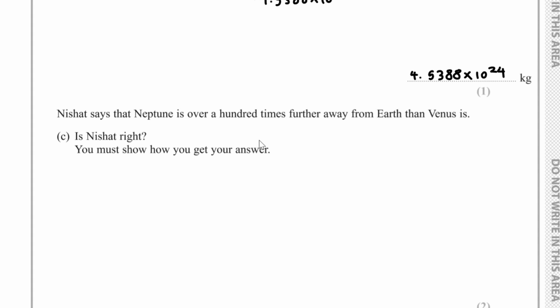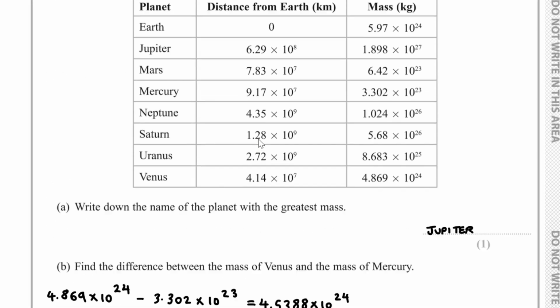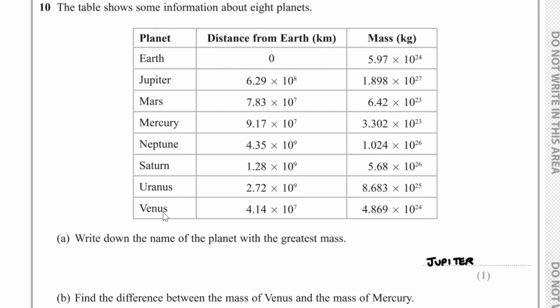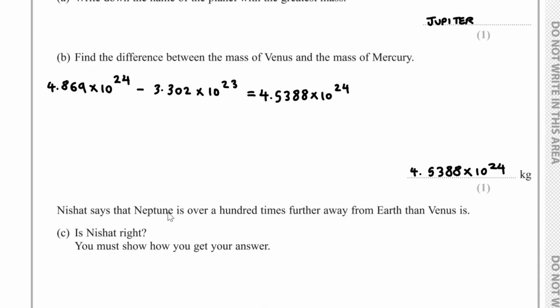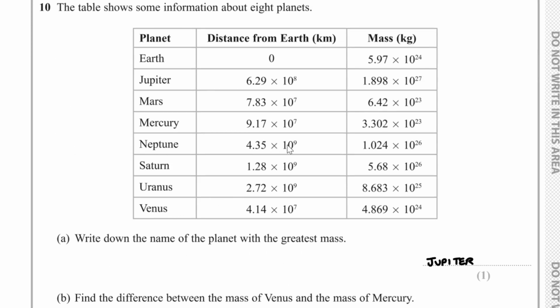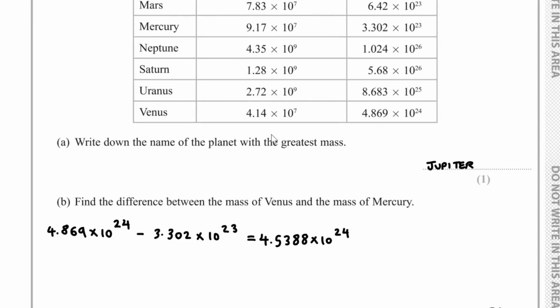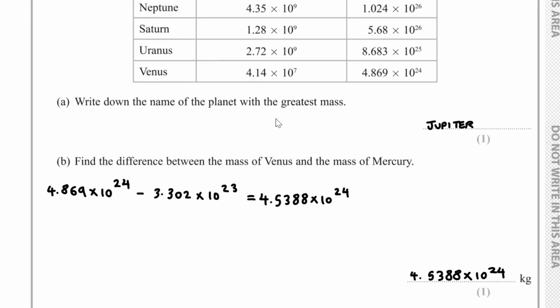Well, what we'll do over here is see how many times further the planet Neptune is from Earth. So if we take a look at Neptune, here we've got 4.35 times 10 to the 9. And if we take a look at what we have for Venus, that's 4.14 times 10 to the 7.